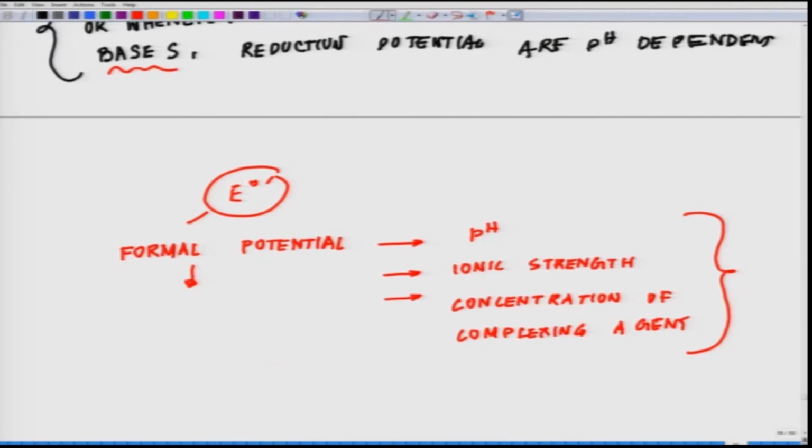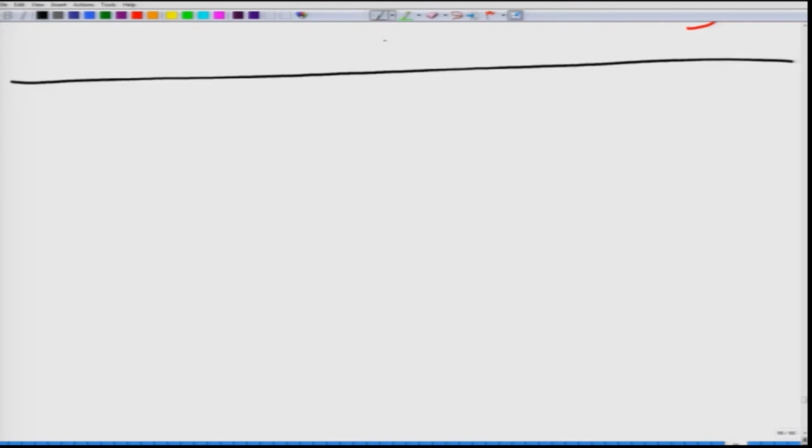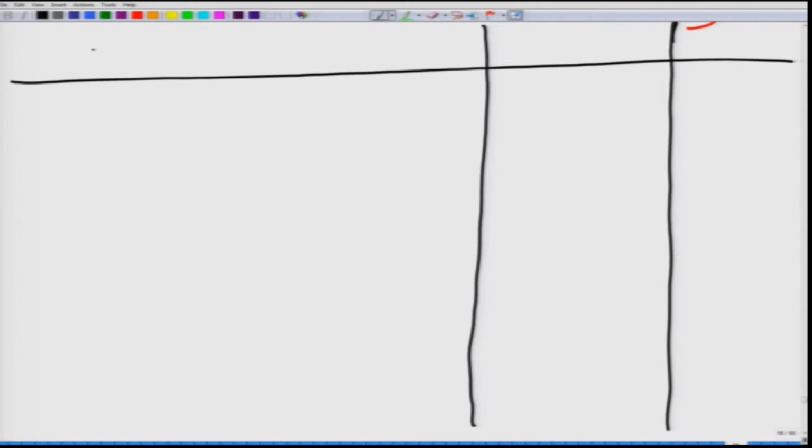Okay. This is that E0 prime. Now, I will put some of the values for you to realize how E0 prime looks like. Say for example, let us draw a small table of some of these values. Okay. So, the reaction out here, E0 in volts, which is the standard potential, and here you have E0 prime in volts. Okay.